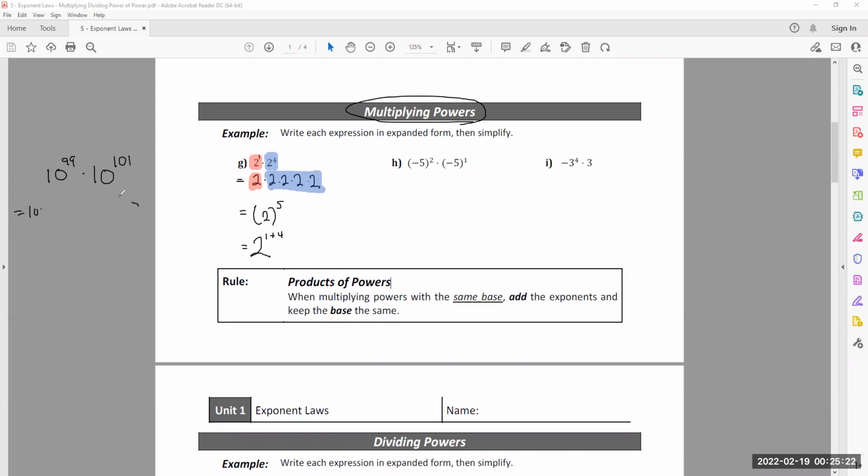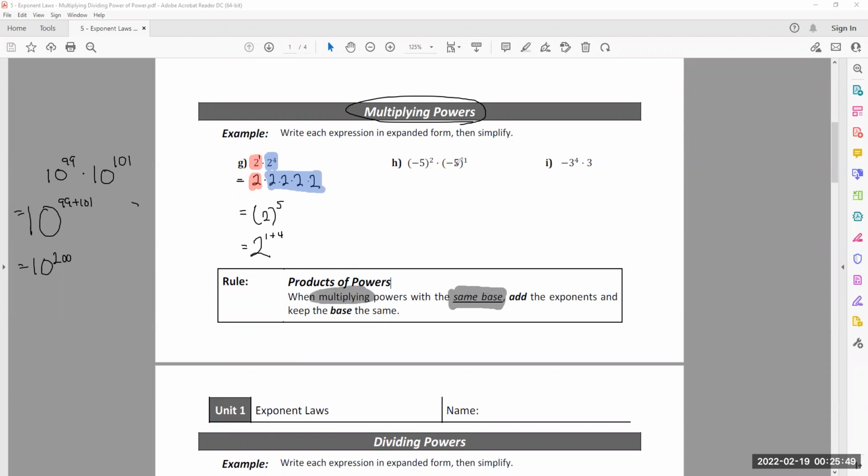Instead, because I know my exponent laws, I know that this is going to equal 10 to the power of 99 plus 101. This is going to be 10 to the power of 200. It's as simple as that. Remember, the condition is you have to have the same base and it's multiplying.